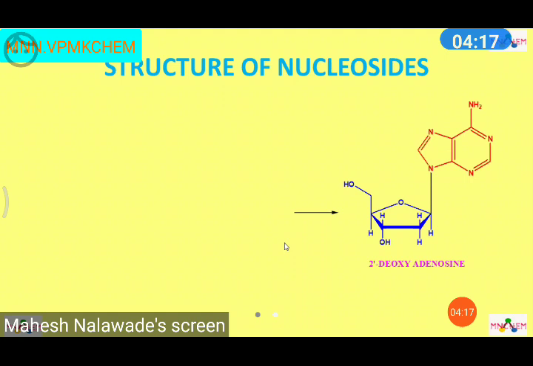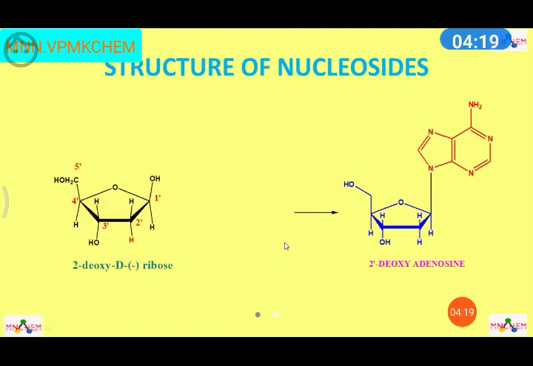So this is formed when we have 2-deoxy-D-ribose and adenine linked together through a beta glycosidic linkage. So DNA will have 2-deoxyadenosine as one of the nucleoside units.